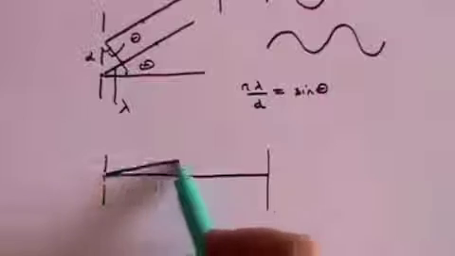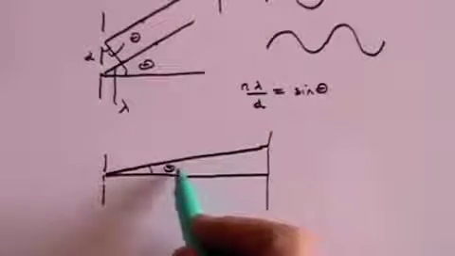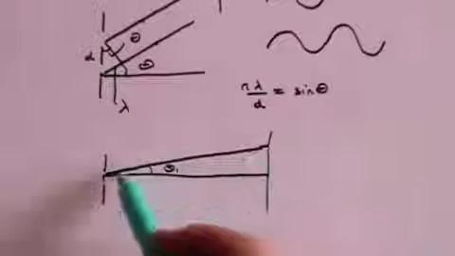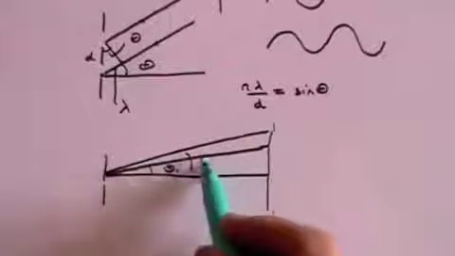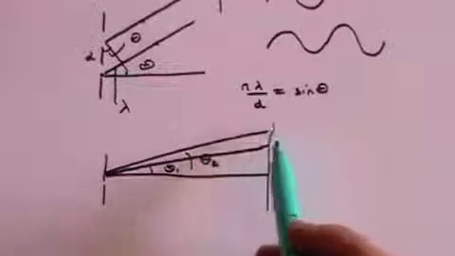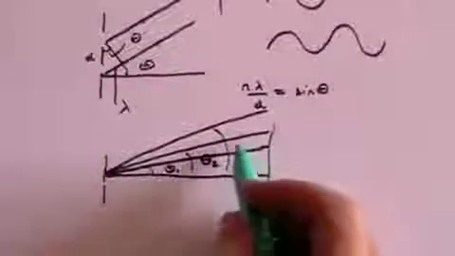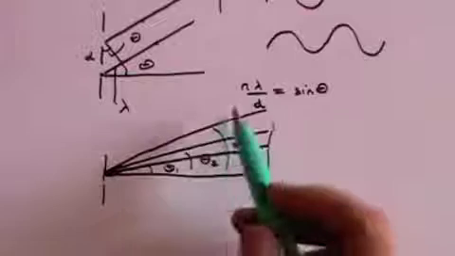You will also get a fringe at this point, which is theta when there is one wavelength between the two beams. You'll also get a fringe when you get theta 2, where there are two wavelengths. And you'll also get a fringe when you've got theta 3, that is, the difference is 3 wavelengths. And there can be as many as you can fit in.